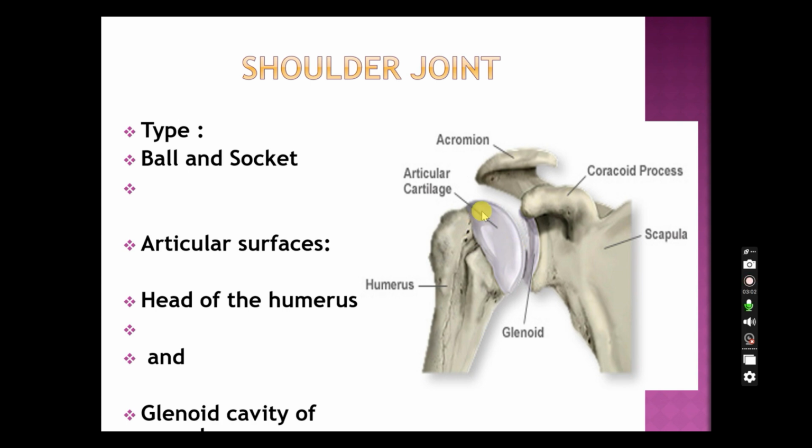In the same way, the head of the humerus makes the other articular area, which is also covered by articular cartilage. That will be thick in the center. As we go from center to periphery, it becomes thinner. Okay, and it is covered by a fibrous capsule.